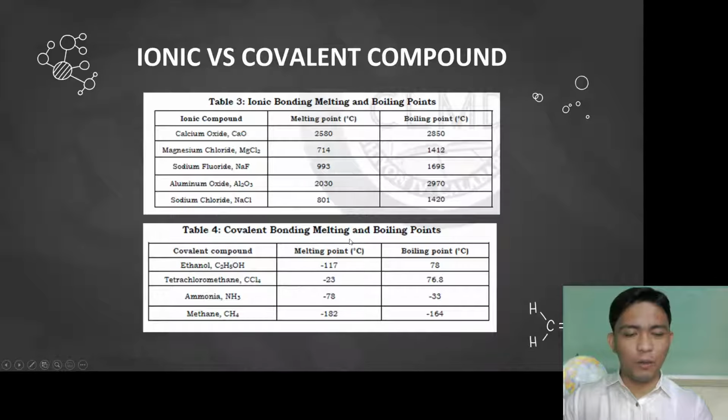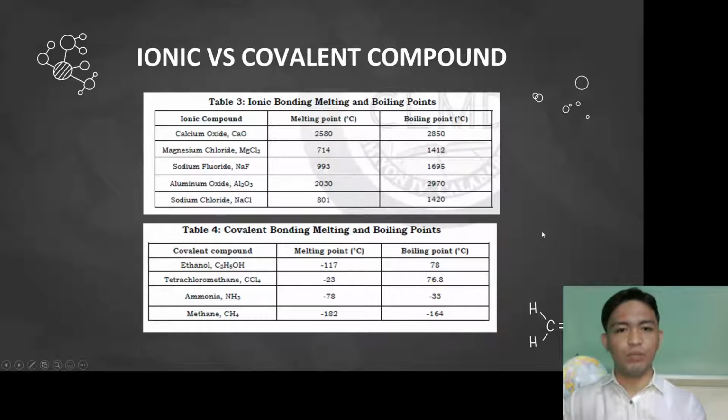For covalent compounds naman, nakita nyo, napakababa, nagne-negative pa. Mas mababa pa sa zero. Ano yung kanyang melting at boiling point? Mababa naman yung melting at boiling point ng covalent compound kasi mababa yung energy na kailangan para ma-overcome yung weak na covalent bond between the atoms. Okay? Kaya madali siyang mag-boil at mag-melt.